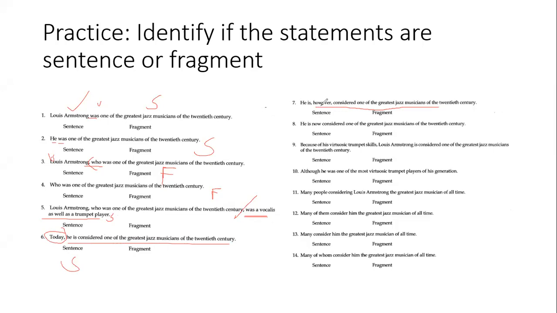Okay. A complete sentence. Again, he is now considered one of the greatest jazz musicians of the 20th century. Again, a sentence. What about 9? Because, what did I tell you? Because.